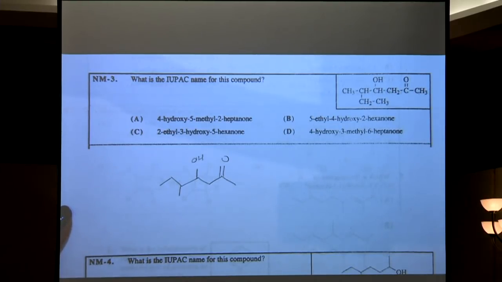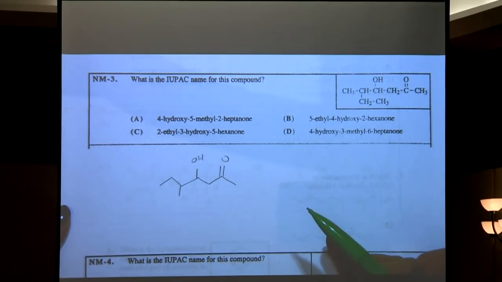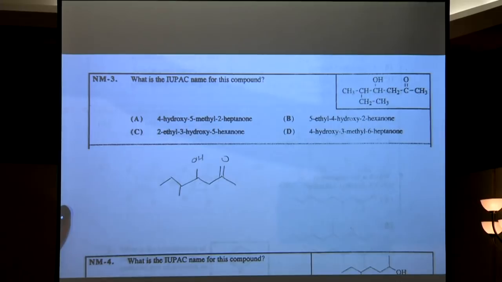Make sense? All right. If you were to name it, do we name it from right to left or left to right? Right to left. Why do we name it right to left? Ketones have higher priority than alcohols. At some point this semester Dr. Dowdy had a PowerPoint with the priorities listed on a table. For Fraser, I don't think he ever did that, but there is a chart on Google. For naming, I would memorize that chart.